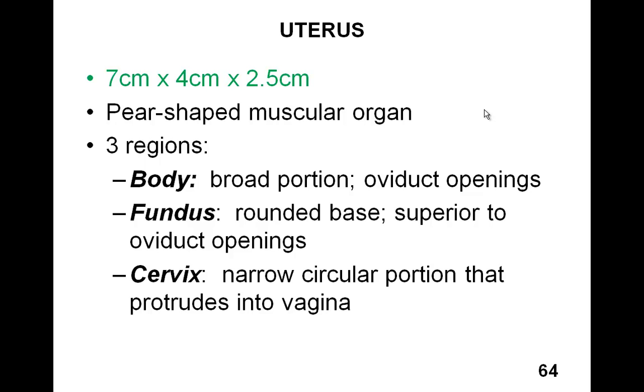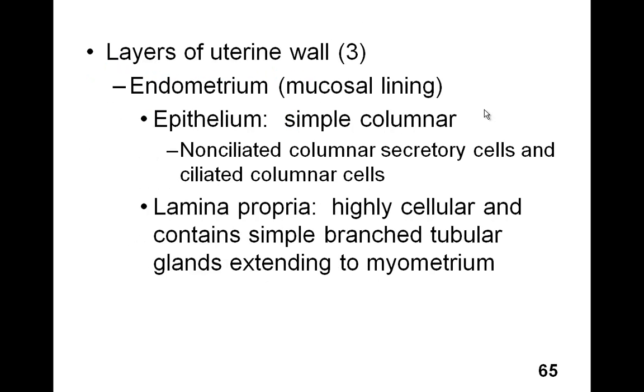In our slides today, the lab slides, we'll take a look at a section through the cervix and vagina, and you're going to note an abrupt epithelial change in the cervix as it protrudes into the vagina.